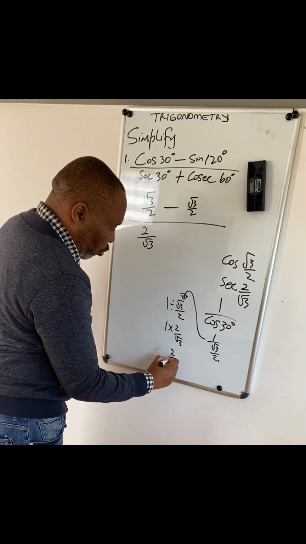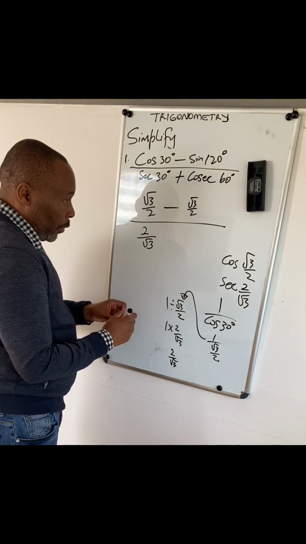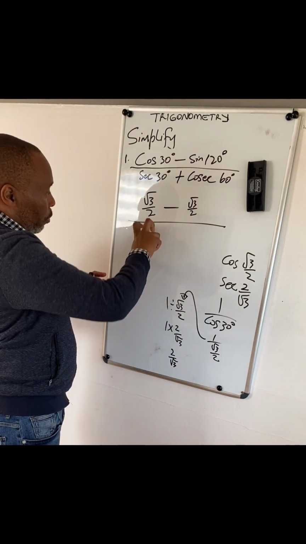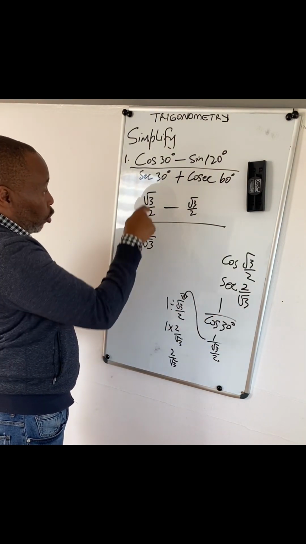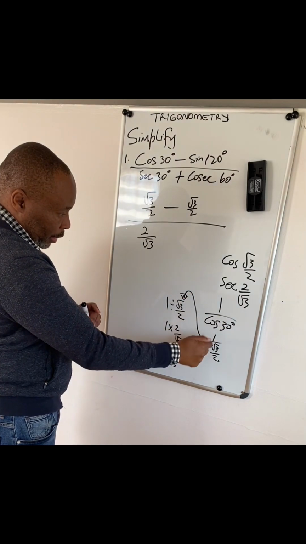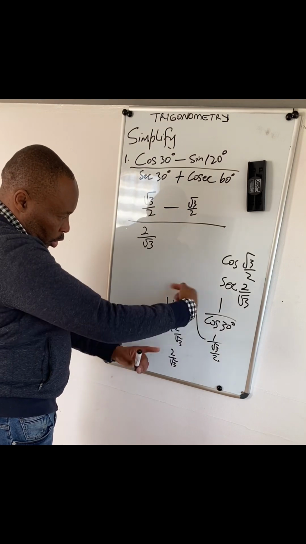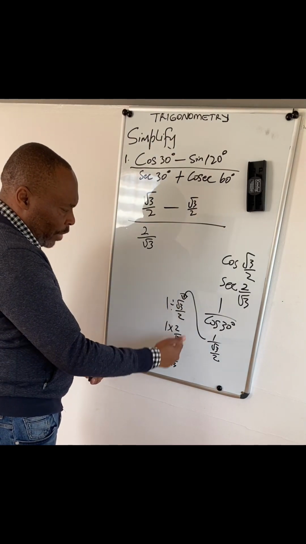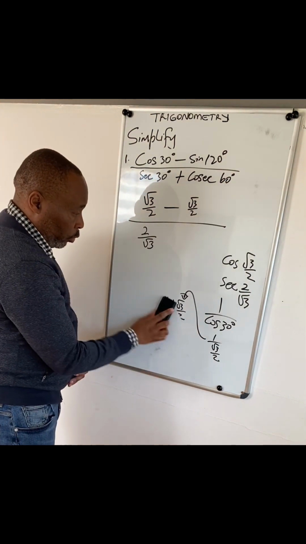I just thought to show you where this comes from, because I swapped without doing the whole calculation. 1 over cos 30 degrees is 1 over root 3 over 2; 1 divided by root 3 over 2, use the inverse of the divisor, and it's 2 over root 3 multiplied by 1, which remains 2 over root 3.